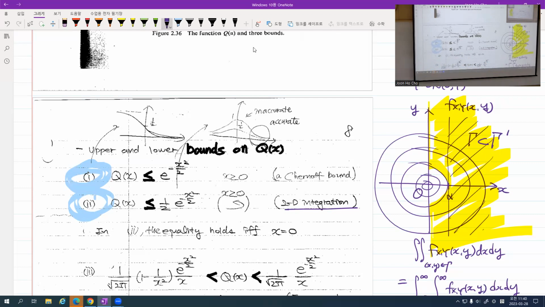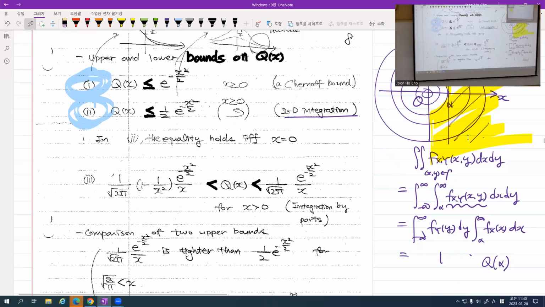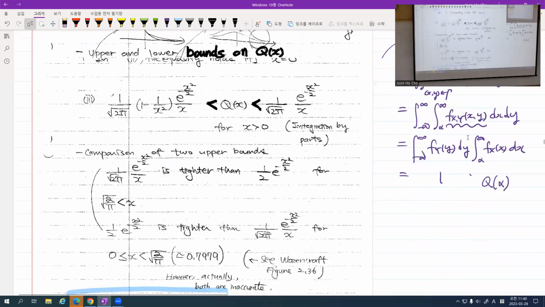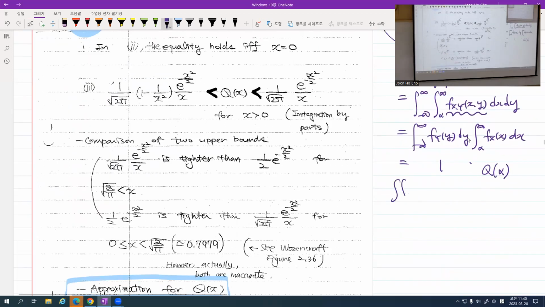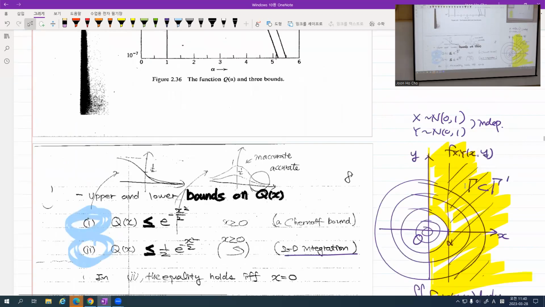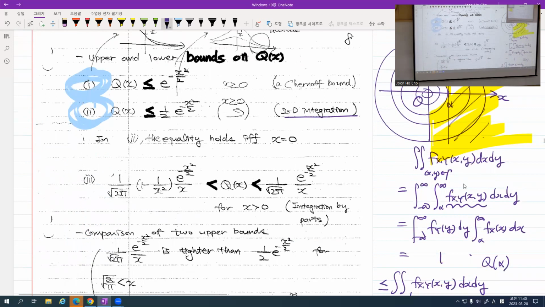And from the axiom of probability, the integration of the joint density on gamma prime is always greater than or equal to the integration of the joint density on gamma, which is Q of x. Okay? So you have this inequality.